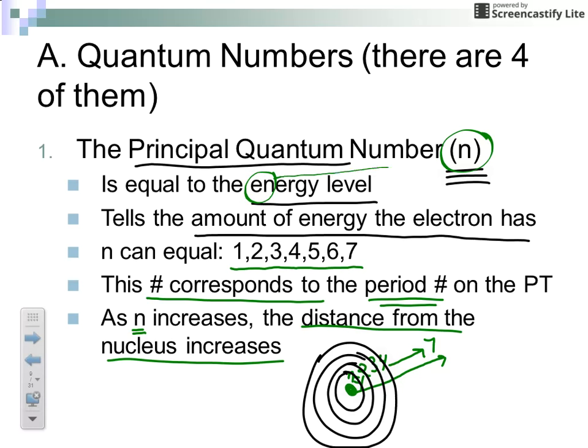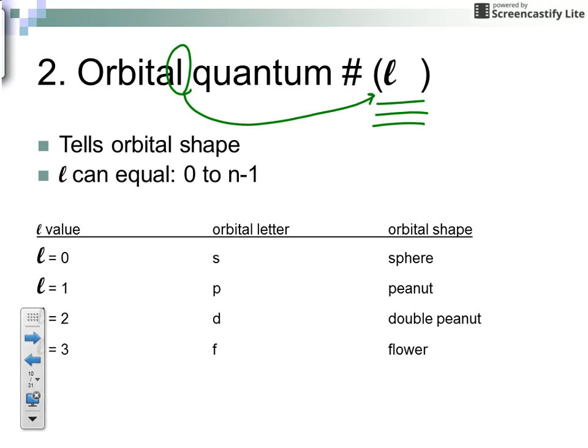So N and energy level. Hopefully that'll help you remember the specific piece of information that each of these quantum numbers tells us.